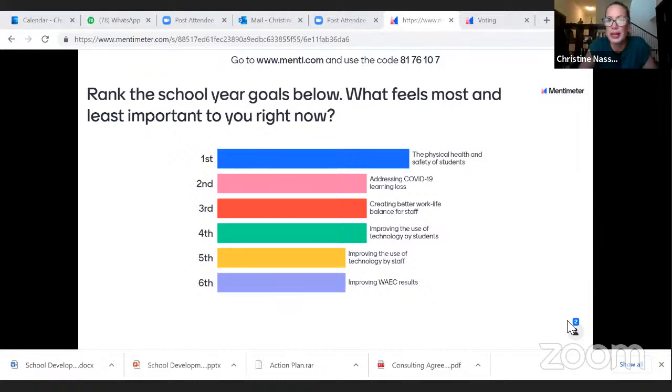We can go to that one a little bit later on, but I will make a note. But please, everyone, we'd love to see you use the Menti. You need to follow the link that we're putting in the chat and rank your school development plan goals. What are you focused on this year?